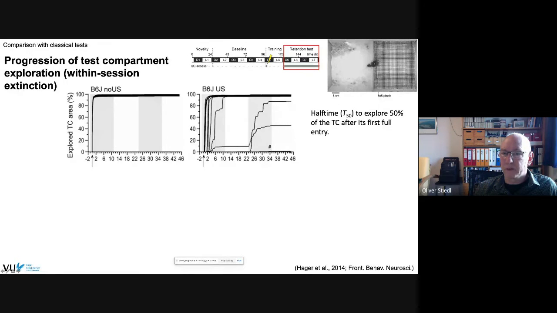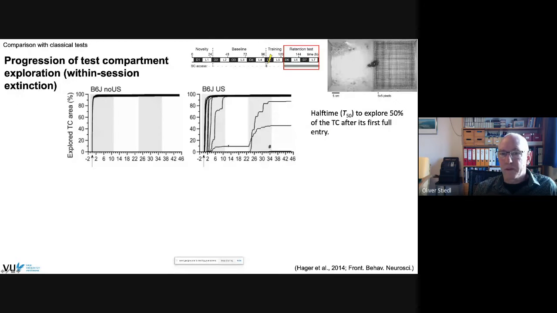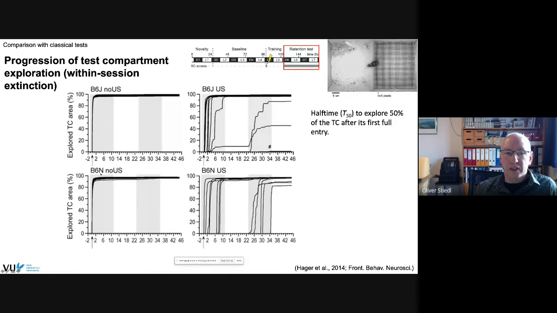There is one here really flat down in order to explore this compartment. Now what we know is, of course, since this is a cumulative plot, if there's a flat line, there is no progression in the light phase, obviously. However, if you check the 6N, you see there is a delay in entering, but the progression to re-explore and revisit is unchanged.